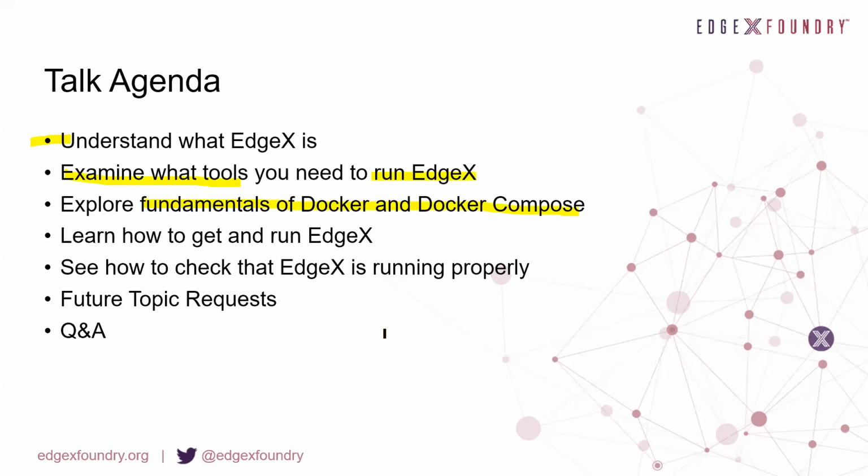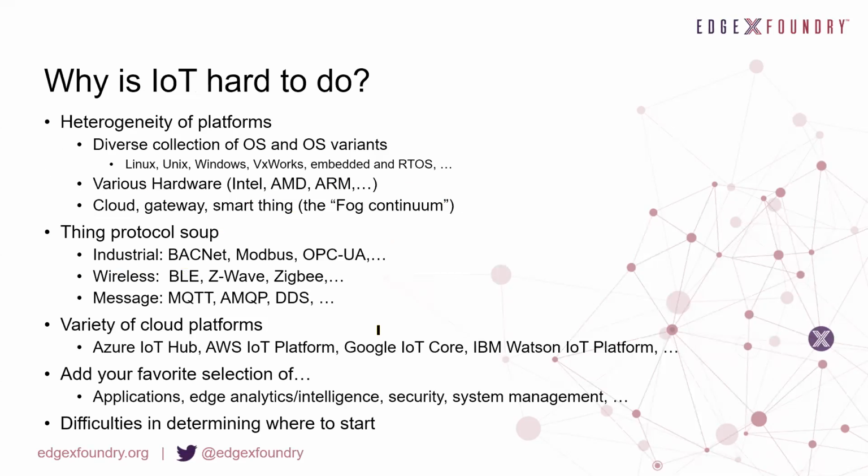We'll look at how you get those tools up and running and how you get EdgeX up and running with Docker and Docker Compose. We'll provide you some checks to see how EdgeX is running, to be able to make sure that it is running as per our instructions, and to give you a little bit of an insight as to the types of data and information that flow through EdgeX. And then we'll, again, provide some Q&A at the end to try and answer any questions that we haven't covered as far as our discussion today.